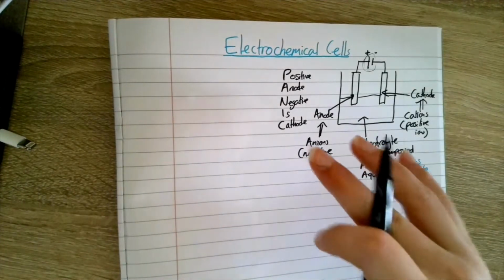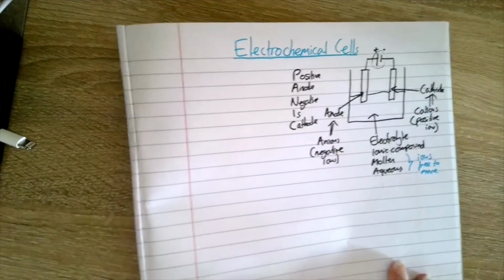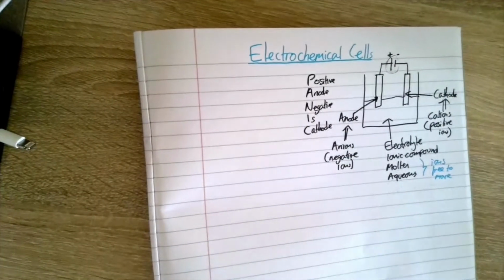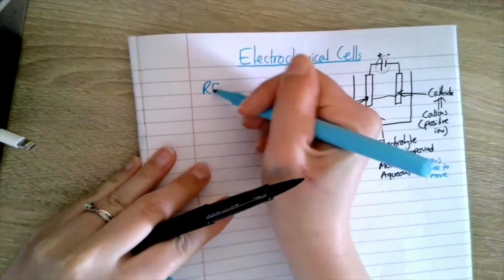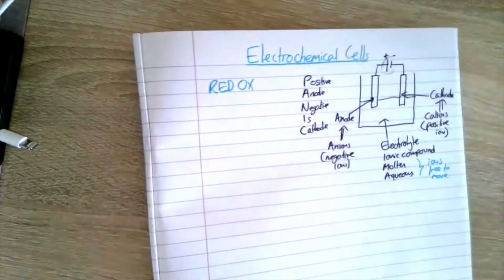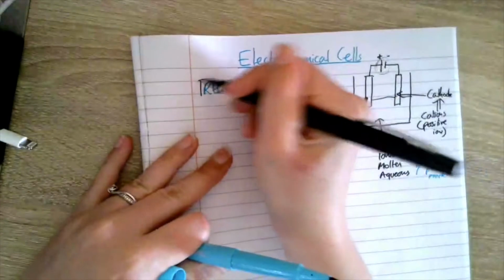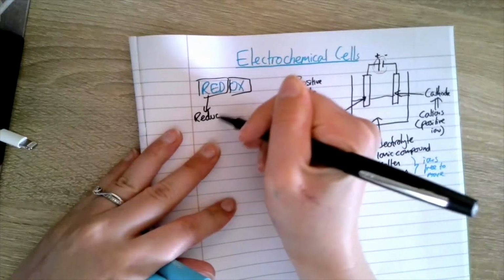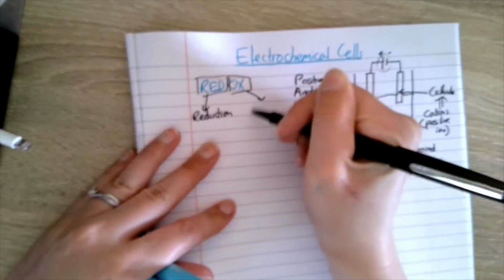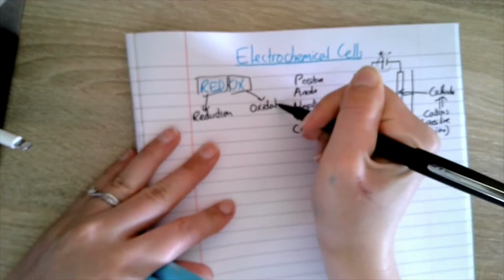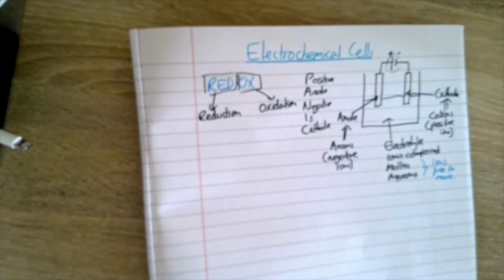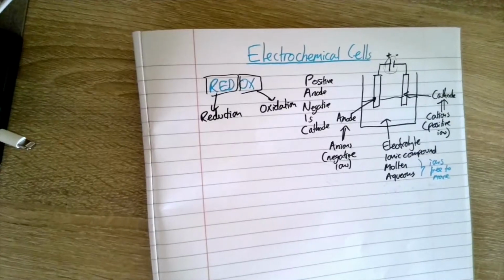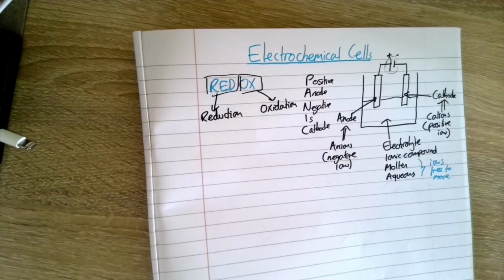In terms of what's happening at our electrodes, we need to think about something called redox. Now, redox is two words, two processes combined. So we have reduction and we have oxidation, and they are happening simultaneously, as whilst one species is being reduced, the other species is being oxidized.